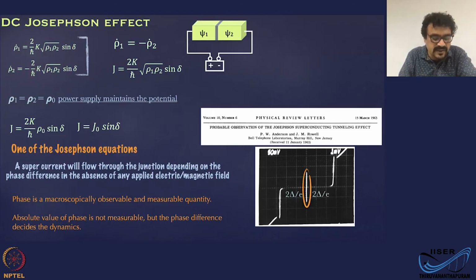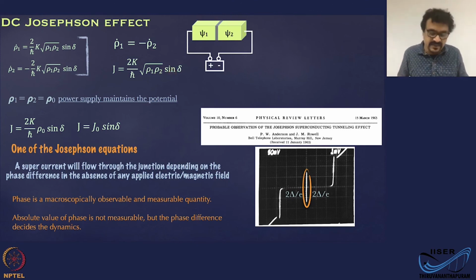Of course rho1 dot is negative of rho2 dot, but remember the temporal change in the density is basically the current. So this rho1 dot, minus rho2 dot, is basically 2 kappa by h bar into square root of rho1 rho2 sine delta. That should be the current density.